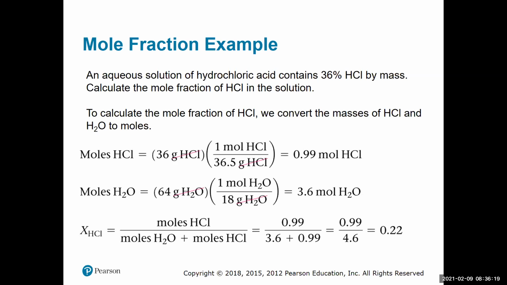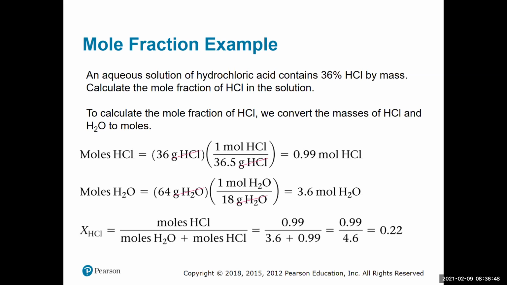So to calculate the moles of HCl, we would have to find the molecular weight of HCl, and that's 36.5 grams. And so we would take our 36 grams of HCl times 1 mole of HCl per 36.5 grams of HCl. And that tells us that we have 0.99 moles of HCl.